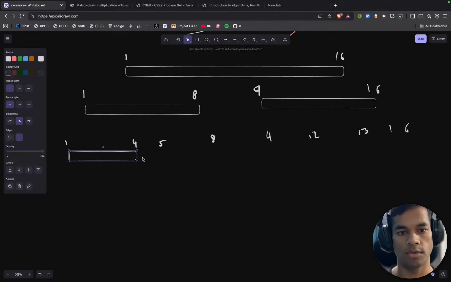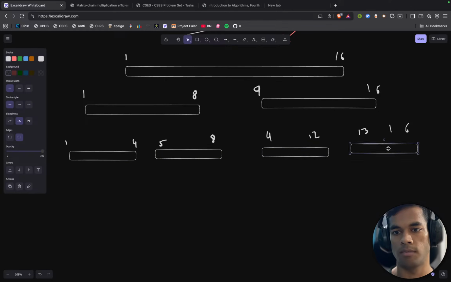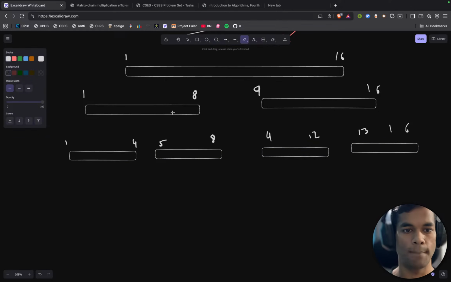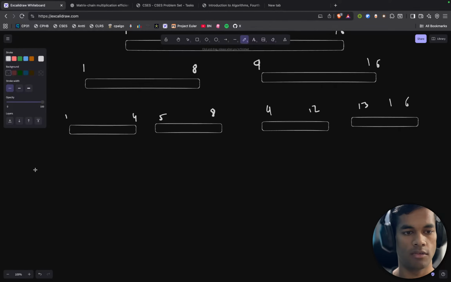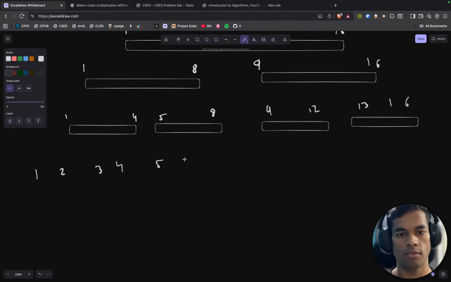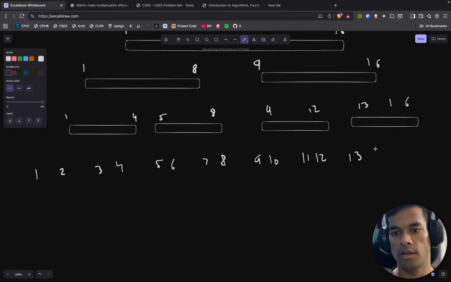Then we further divide them into 1 to 2, 3 to 4, 5 to 6, 7 to 8, 9 to 10, 11 to 12, 13 to 14, and 15 to 16.